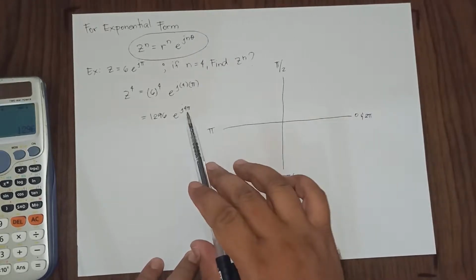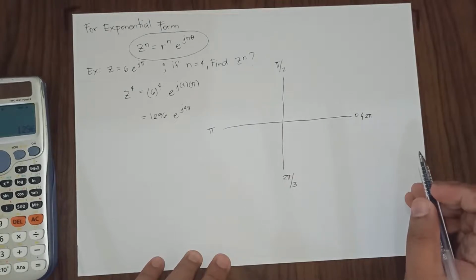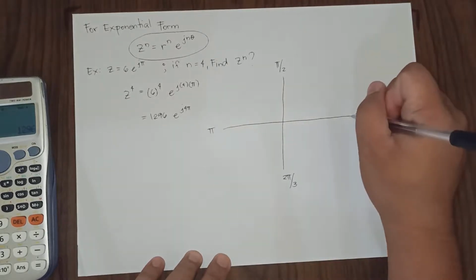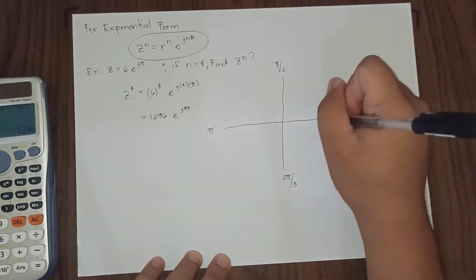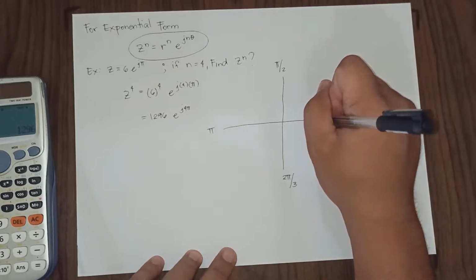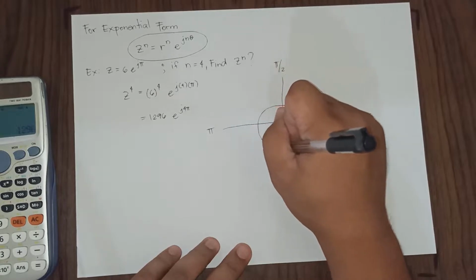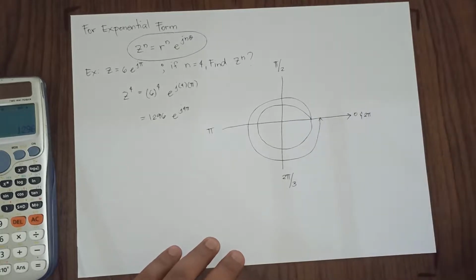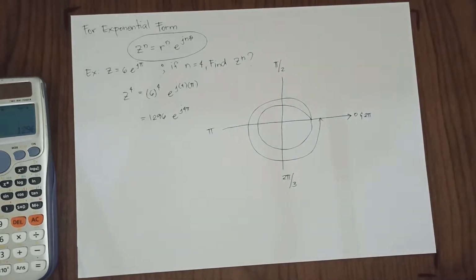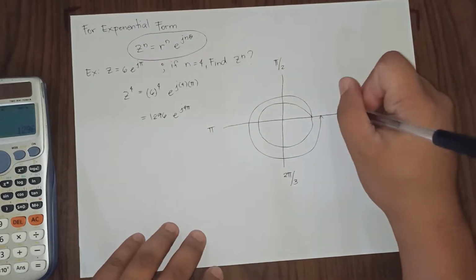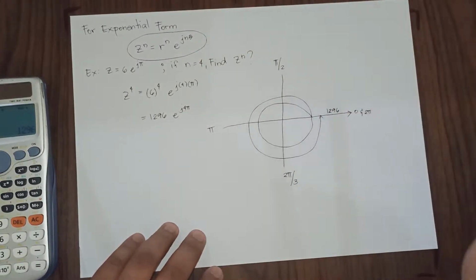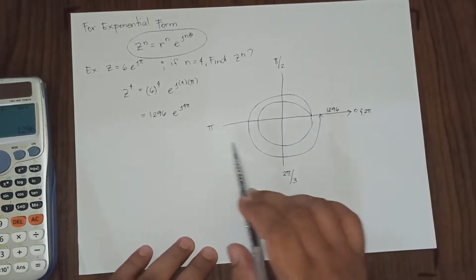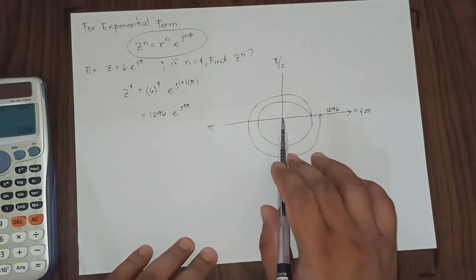Since it is 4 pi, where does its angle lie? Two rotations. So it is here. That means its angle 4 pi is 1, another 1, 2. So that is its direction. This is 1296, its magnitude, and its direction is 4 pi.